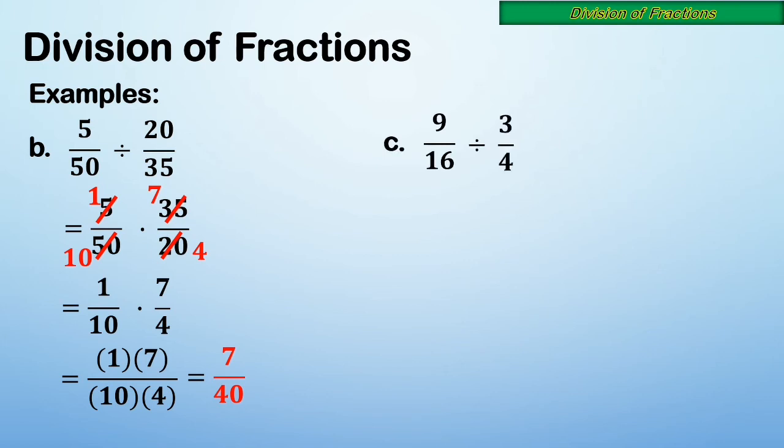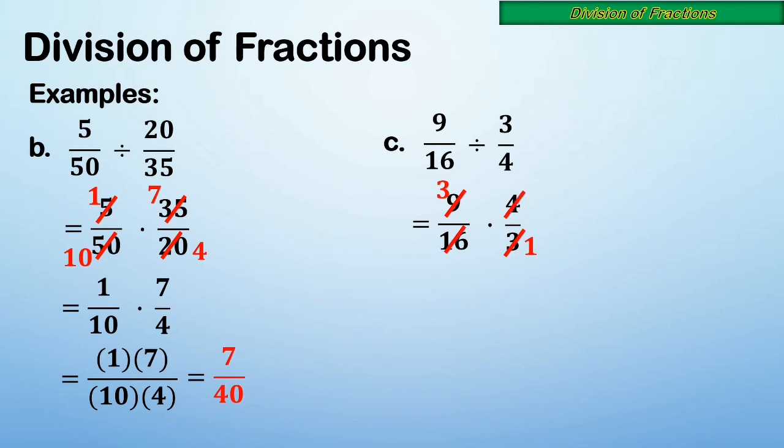Okay, there is C. 9 over 16 divided by 3/4. Again, the rule is copy the dividend, change the operation to multiplication, then get the reciprocal of 3/4, which is 4 over 3. Then, use the cancellation method. 9 and 3, their common factor is 3. 9 divided by 3 is 3. 3 divided by 3 is 1. 4 and 16.